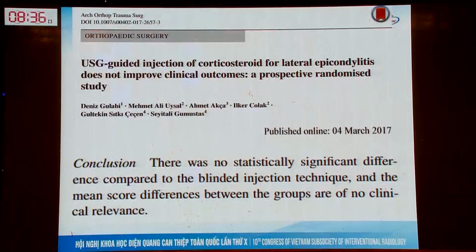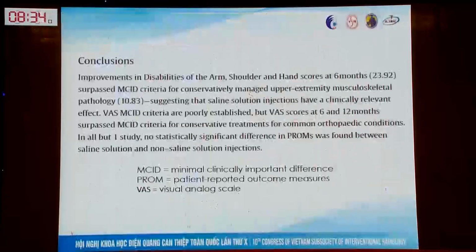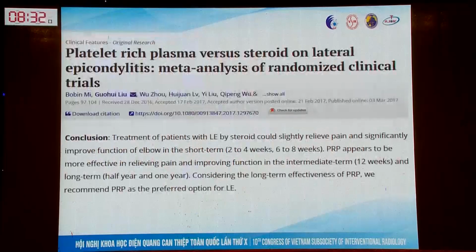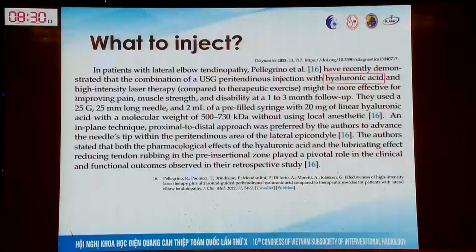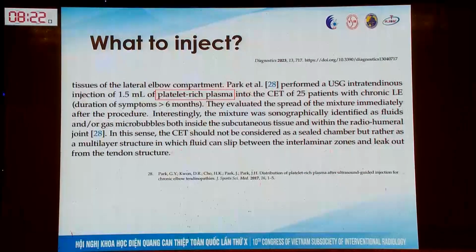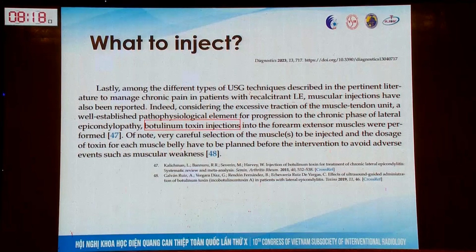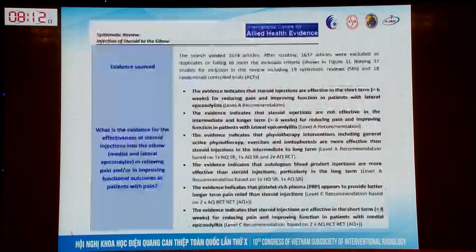I just want to show you that sometimes we can use hyaluronic acid for lateral epicondylitis, and PRP as well. And even botulinum toxin we can use for lateral epicondylitis injection.